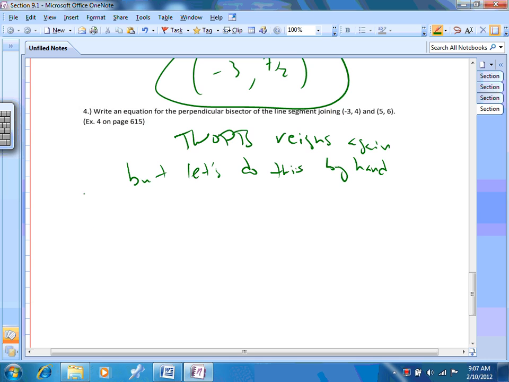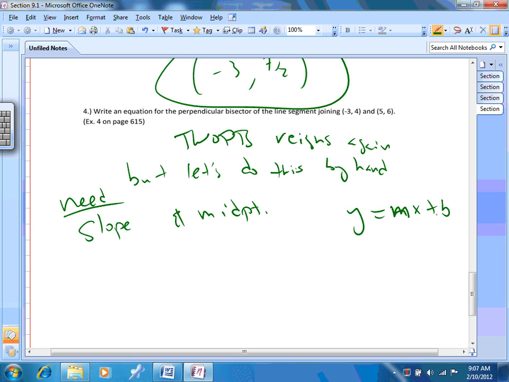So what do we need? We need the slope and midpoint. Because again, y equals mx plus b. In order to figure out what the y-intercept is, I'll need to know the midpoint, so I can plug in to find the y-intercept.